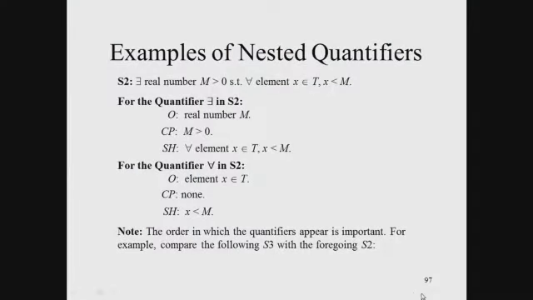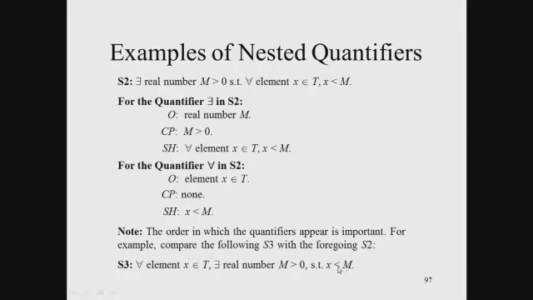Now, the order in which the quantifiers appear is very critical to the meaning of the statement. So compare this statement S2 that you see up here: there is a real number m, strictly positive, such that for every element in the set T, x is less than m. Compare that statement to this one here: for every element x in T, there's a real number m, strictly positive, such that x is less than m.